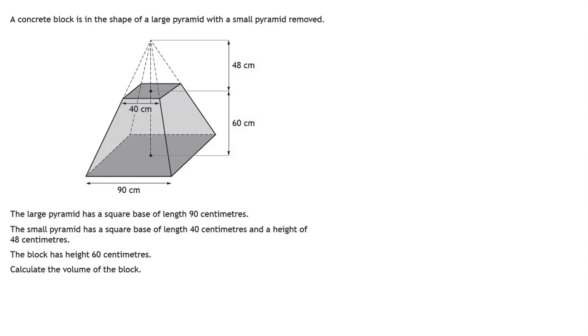So what we're going to do is do each of them individually, and then move on from there. So if I look at the volume of the small pyramid. Now remember, the formula for the volume of a pyramid is 1/3 times the area of the base times the height. We're quite lucky that both of the pyramids are square based. So I can write it as 1/3 times the length of the base squared times the height.